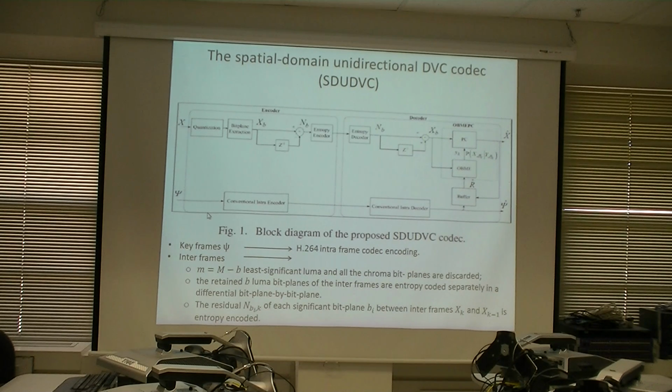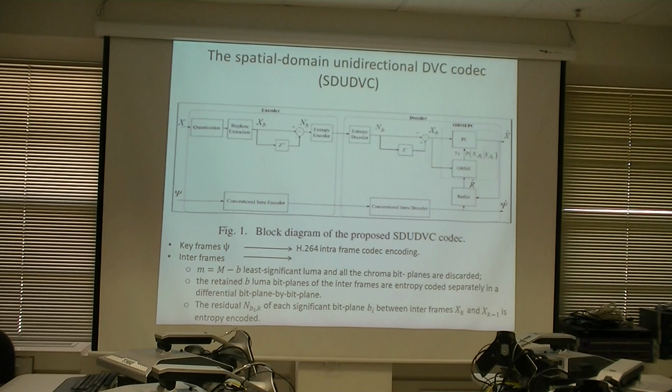For the input video, we divide it into GOPs and decompose each into keyframe and interframes. A GOP has some number of frames, and one frame is called the keyframe, and the other remaining frames are called interframes.